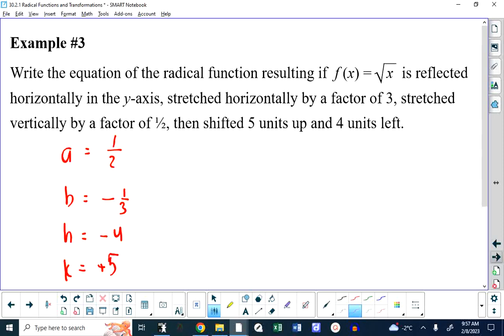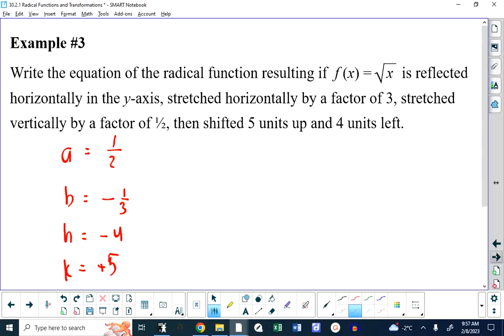Sometimes I need to talk my way through this. I wrote down my answers, but I'm going to talk my way through it just to make sure that I didn't make any mistakes. We have a horizontal reflection. It's across the y-axis, as are all horizontal reflections in this course. But if it's a horizontal reflection, b is negative. If it's stretched horizontally by a factor of 3, that's the stretch factor. B is the reciprocal of that, which is 1/3.